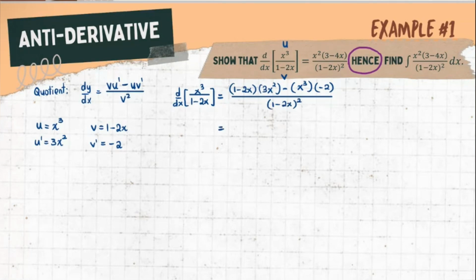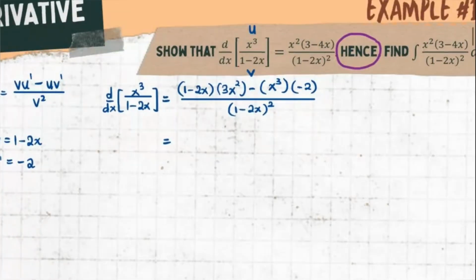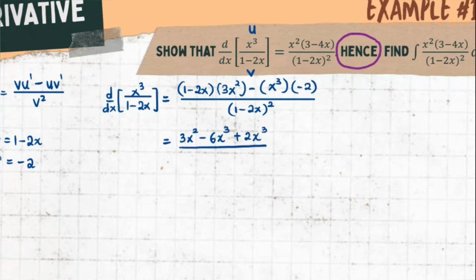Okay. Next we solve it so that it becomes the same as what the question asks. Okay. So first I expand. So I get 3x squared minus 6x cubed. And then negative times negative will be positive. So plus 2x cubed over 1 minus 2x squared. Okay, so here simplify.